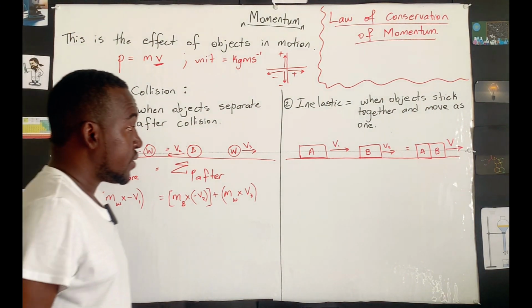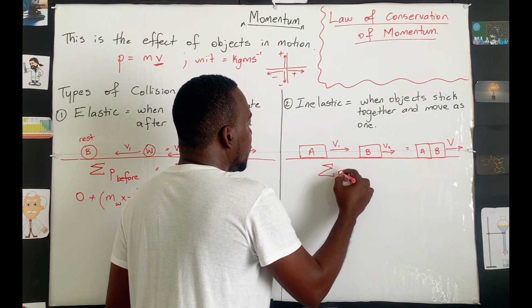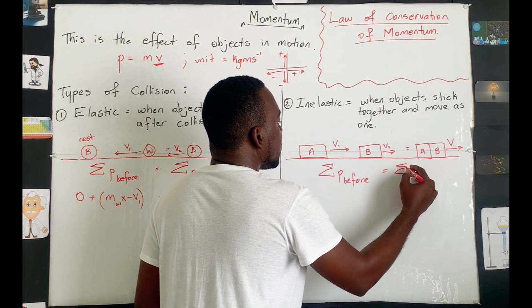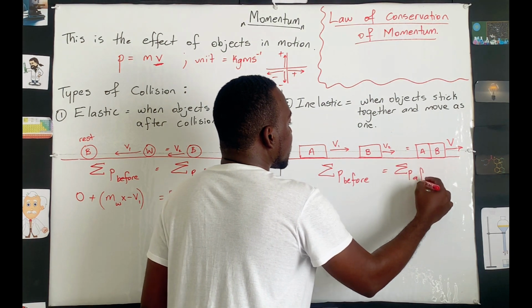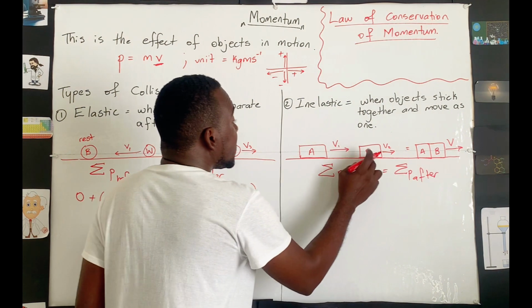Alright, so in this situation, we always have the sum of momentum before equal to the sum of momentum after collision. And before collision here, we have both objects moving.